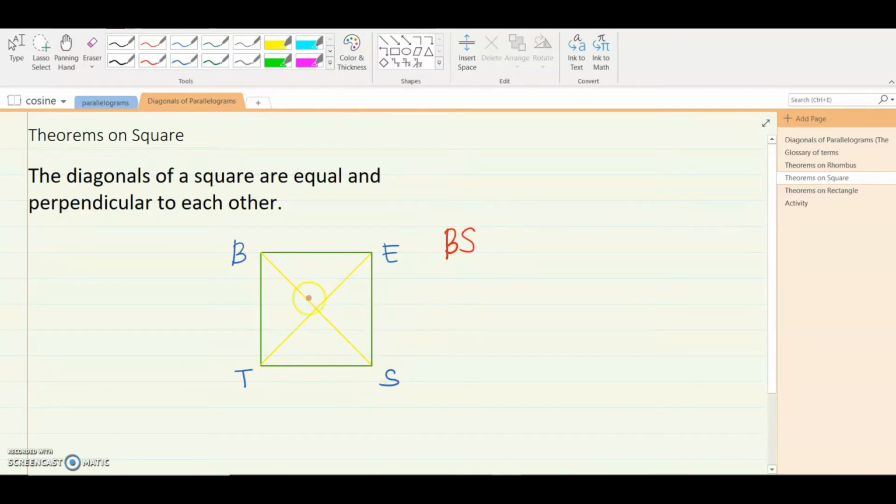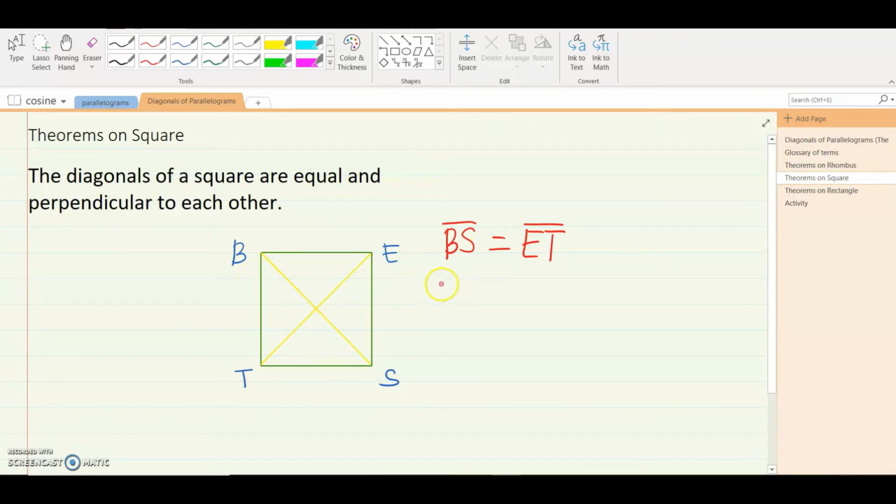BS, this first diagonal is equal to ET, since these are both diagonals. So, line segment BS is equal to line segment ET. Then they are also perpendicular to each other.